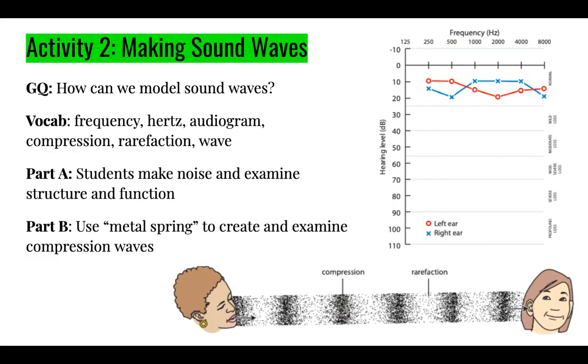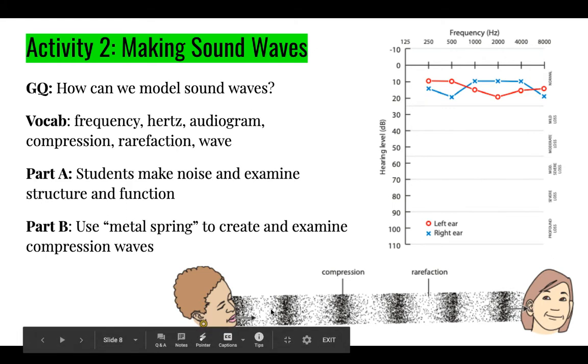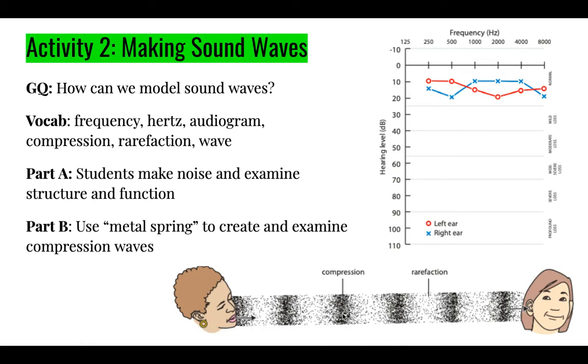Activity 2, making sound waves. When we made sound waves, we were looking at how we can model those, and our vocabulary was frequency, hertz, audiogram, which was this diagram here, compression, rarefaction, and wave. In a sound wave, the direction of travel is the energy direction, and the particles vibrate parallel.